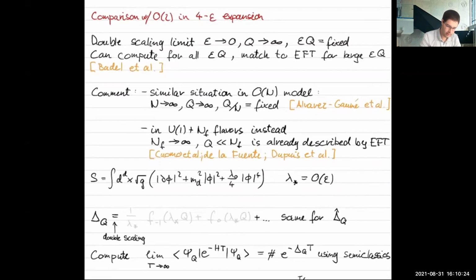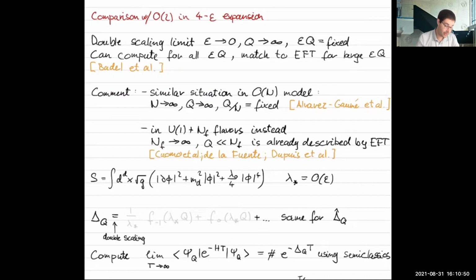So one nice check on this picture is to actually do computations in a UV theory and see how they are reproduced in EFT. And this is possible thanks to contributions of many of the audience members.